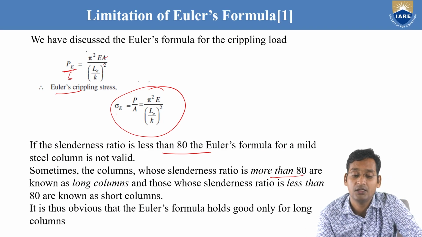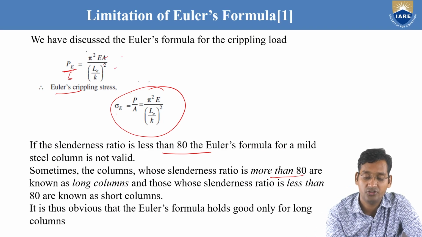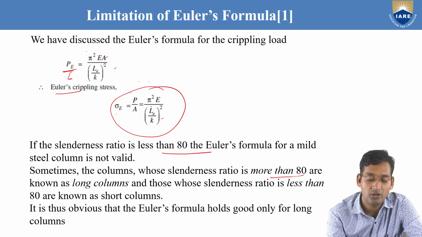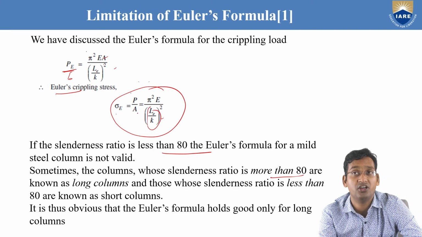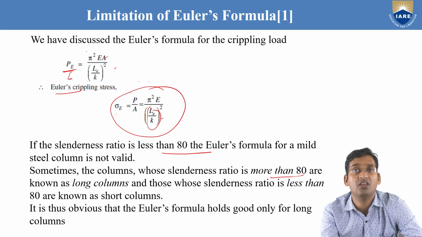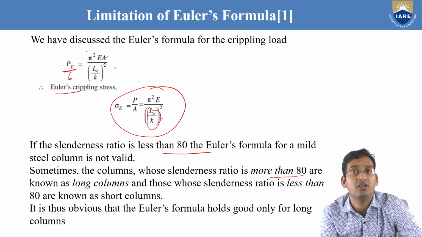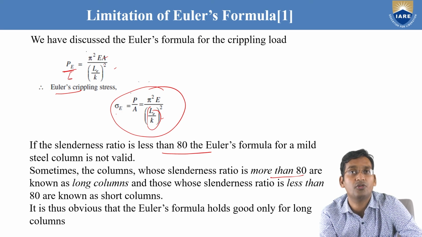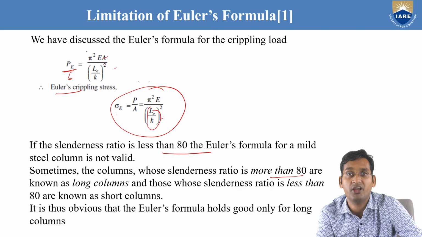Next, this is the radius of gyration formula. Now if the LE by K value is greater than 80, then we can say it's a long column. But in case of mild steel, it's less than 80, hence Euler's formula is not valid. So we cannot apply Euler's formula for mild steel.